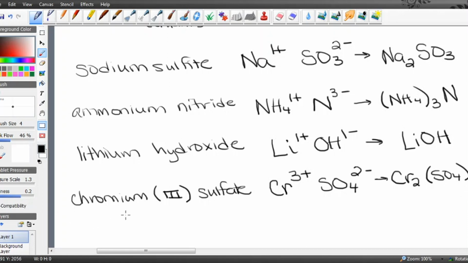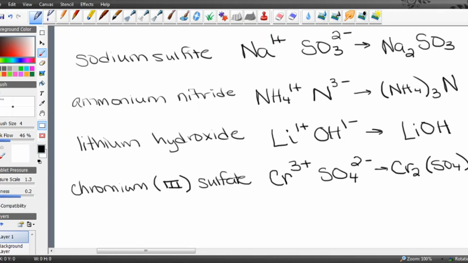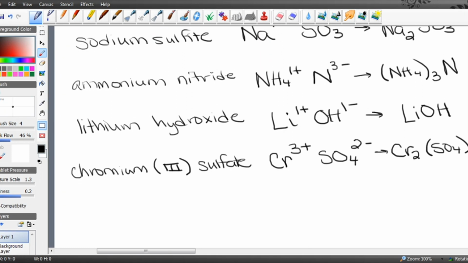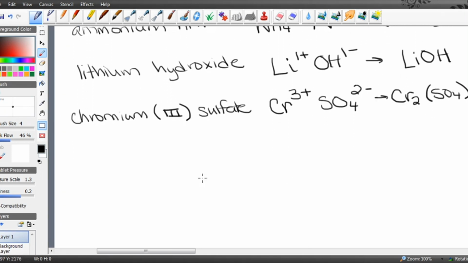Okay, good job. You now know how to write formulas for substances that include polyatomic ions. Let's just highlight one thing really quickly about these names when we're referring to polyatomic ions.